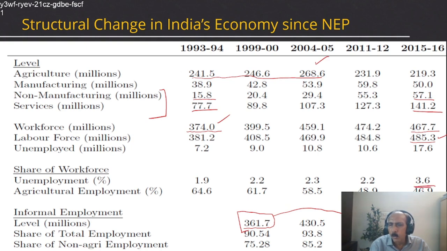And this unemployment rate is not very high, meaning thereby that once the workers are released from agriculture, being a very low productivity sector, to the non-farm sector, and because they are either unskilled or semi-skilled, they are largely absorbed in the informal service sector or informal non-manufacturing sector in the non-farm sector. And therefore the informal employment is rising.